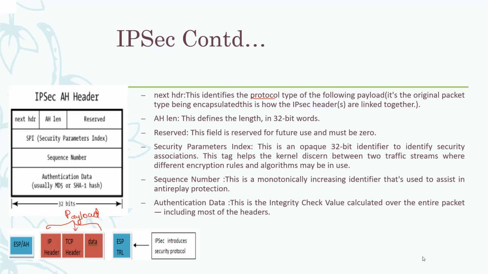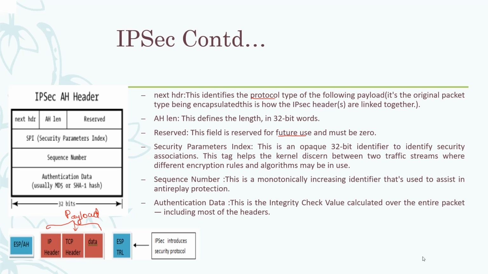So it's the original packet type being encapsulated. This is how the IPsec header are linked to an IP packet. Next, the length. It defines the length in 32-bit words. We have the reserved field. This field is reserved for the future use. That means if any new options to be added to the header, this can be used.